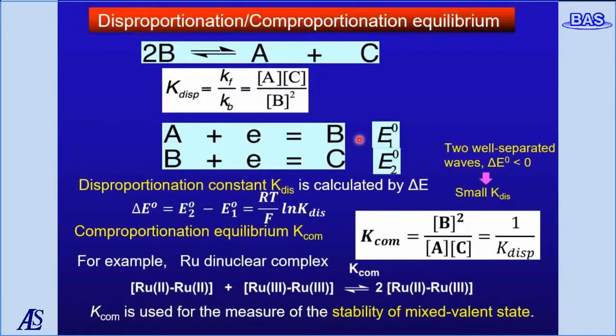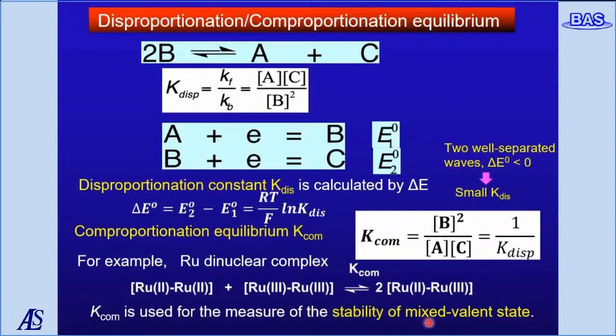When two well-separated waves are observed, the disproportionation constant K(dis) is small, and the equilibrium lies to the left. In the EE process, the comproportionation constant Kcom, which is obtained from delta E and is the reciprocal of K(dis), is often used as a measure of the stability of the mixed valence state.